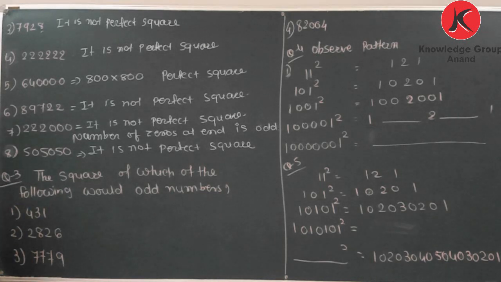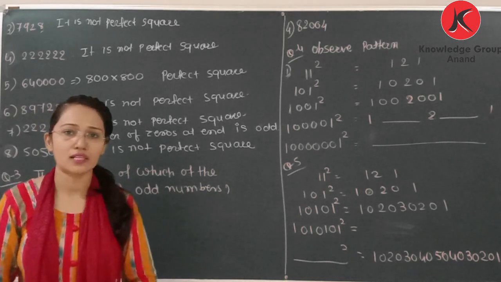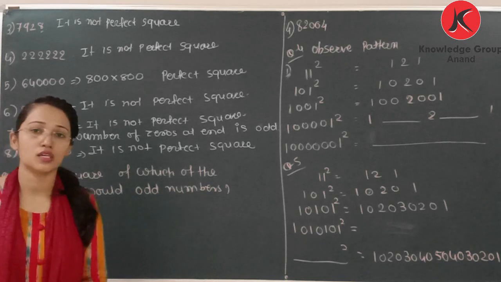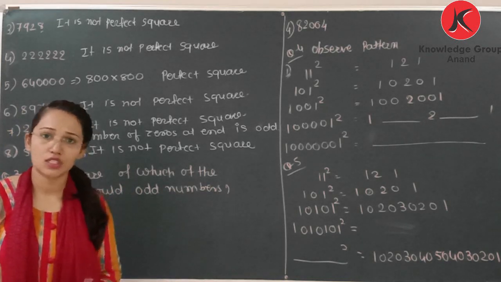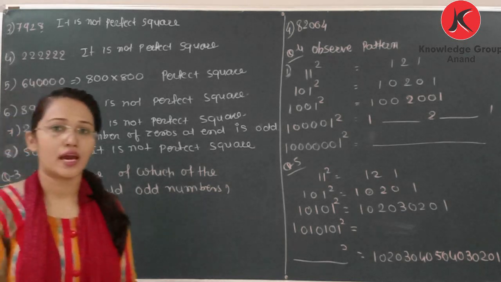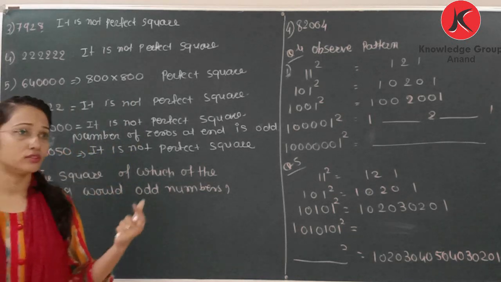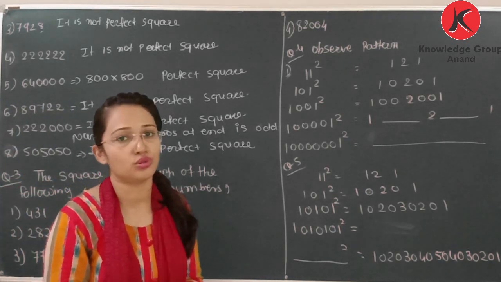Now question number 3. The square of which of the following would be odd numbers? If the last digit of the square is 1, 5 or 9, then it is odd. But you know that a square number does not end with 2, 3, 7, 8.